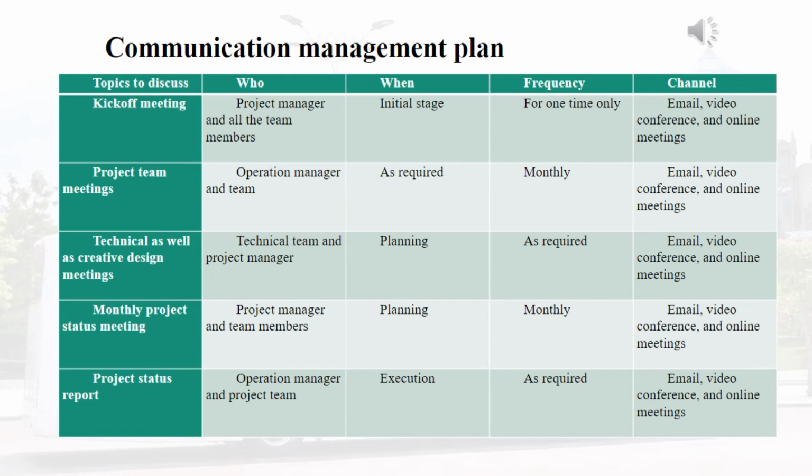And the fifth meeting is the project status report that will involve the operational manager and project team, during the execution of the project, at the frequency of when required, and the channels of communication are email, video conference, and online meeting.